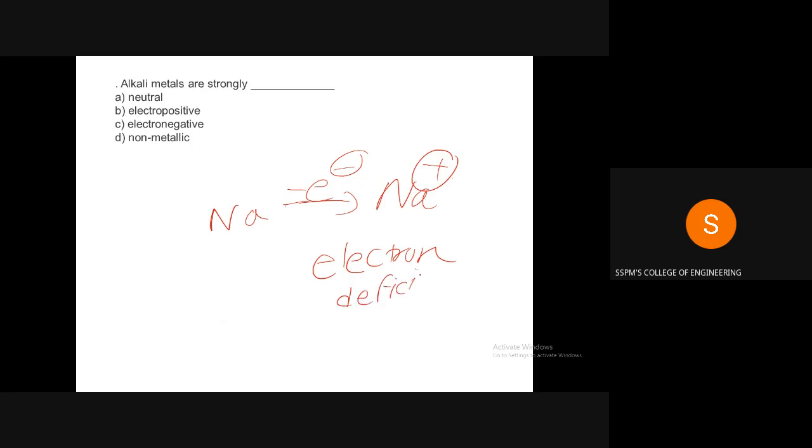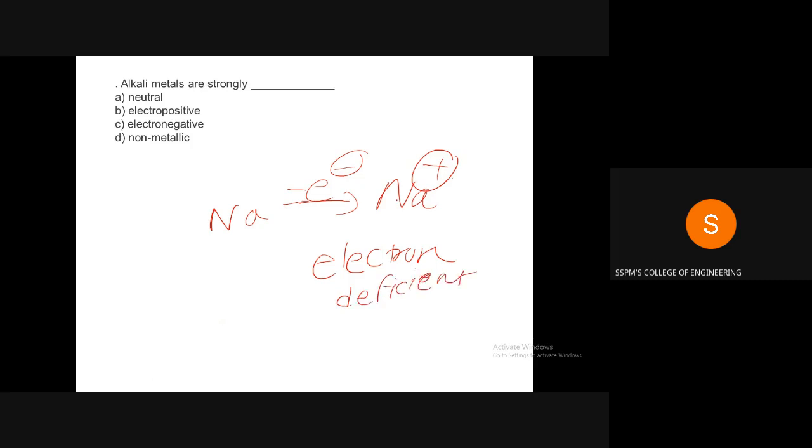Then, alkali metals are strongly electropositive. See the well-known example: alkali metal means sodium. Sodium loses the electron and forms Na plus. Na plus, having the positive charge, is electron deficient.